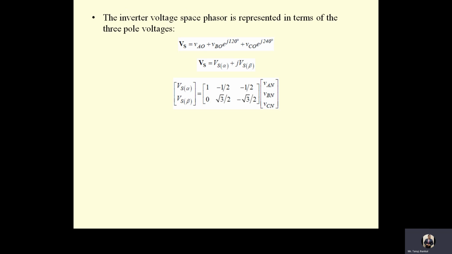We can also convert back from alpha beta to ABC mode, VAN, VBN and VCN, using this equation. So using these equations we can convert from a 3-axis to a 2-axis system or from a 2-axis to a 3-axis system.